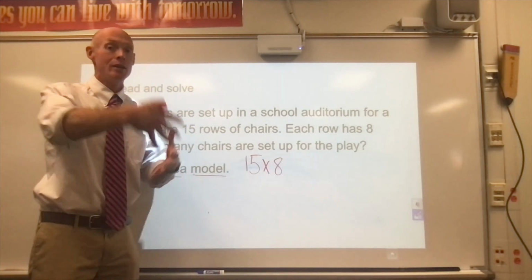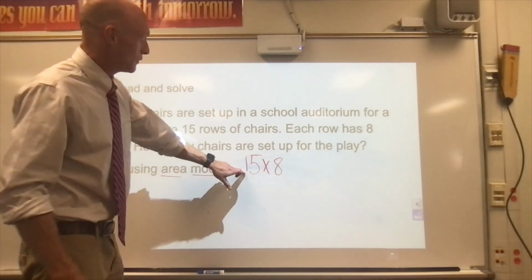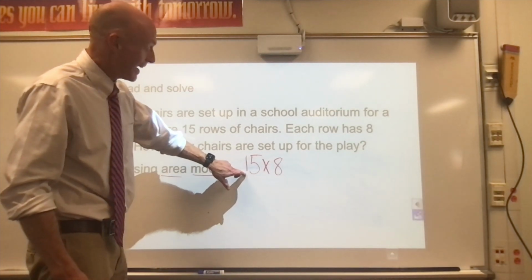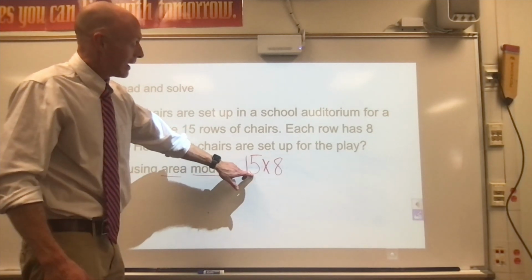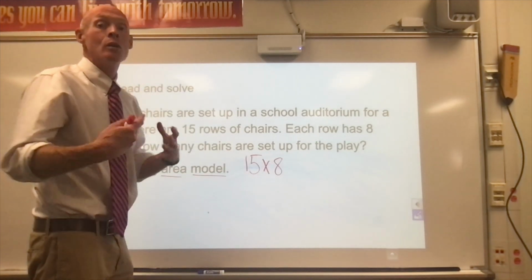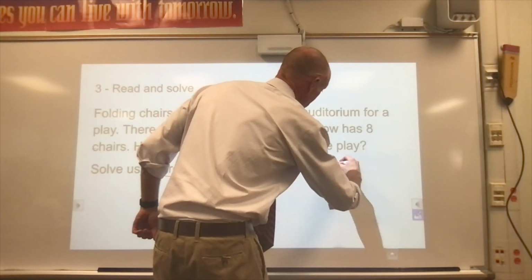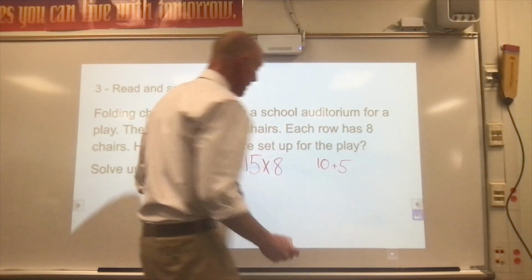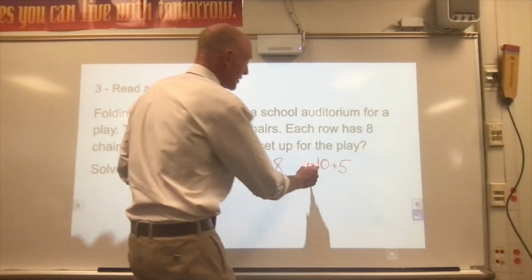Awesome. To set up the area model, what you're going to do is just break down the numbers by their place value. Okay, so let's look at 15. 15 is 10, because you got the 1 in the tens place, and 5. So we're going to call that 10 plus 5. And because 8 is just a single digit number, we're going to leave 8 by itself.